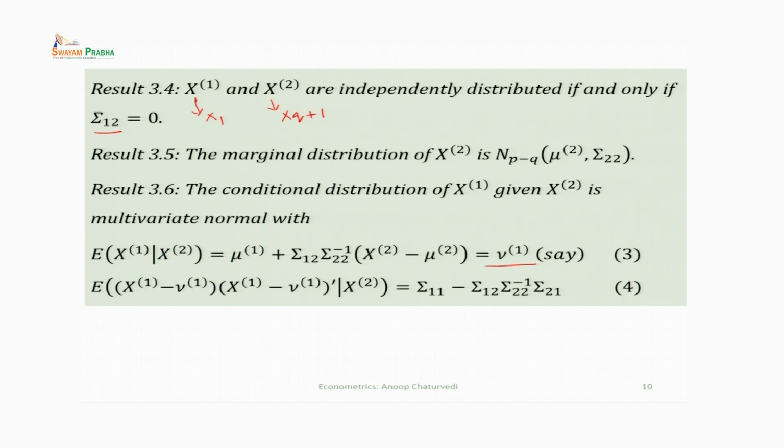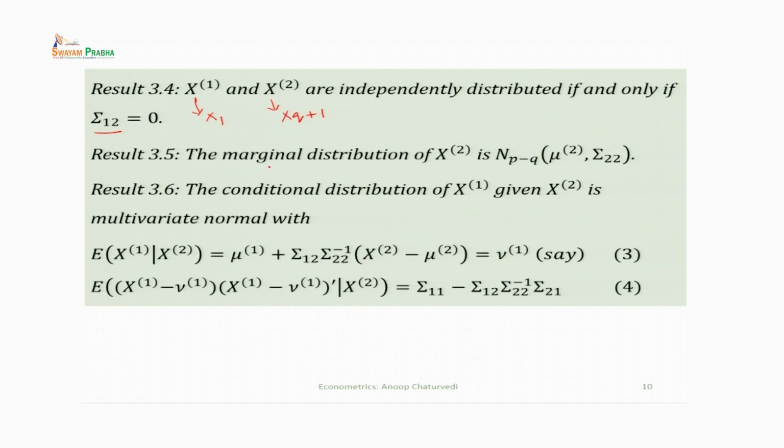You can easily verify that when sigma 12 is equal to 0, then this part vanishes. So, the conditional expectation of x1 given x2, when sigma 12 is equal to 0, does not depend upon x2; it is equal to mu 1.